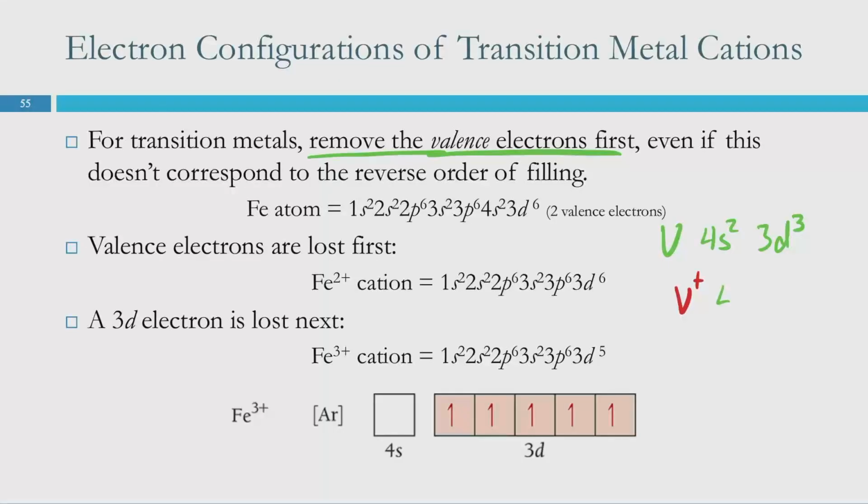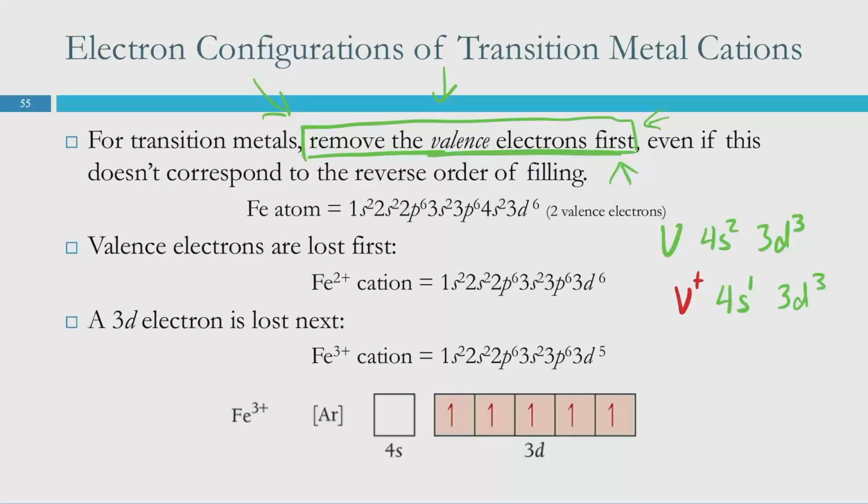So V plus, if it exists, would be 4s1, 3d3 for our outermost electron configuration, not including our argon configuration. So we're always going to be removing the valence electrons first.